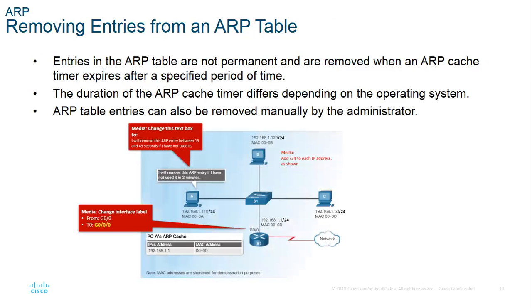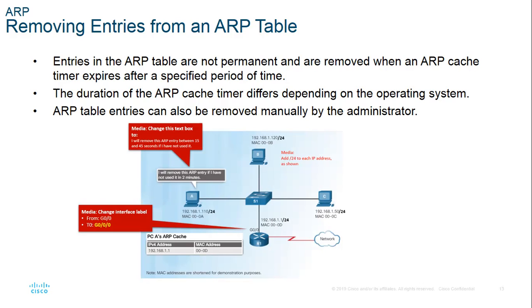How the ARP table is built. Whenever you transmit an ARP request and you receive an ARP reply, the mapping between the destination MAC address and the destination IP address will generate an entry within the ARP table. But this ARP table is not permanent, so it will be flushed after a certain period of time.